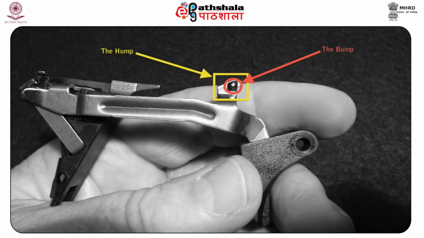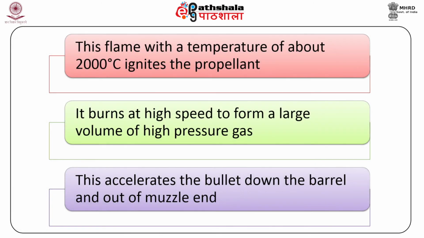First is ignition. When the firing pin strikes, the priming compound explodes with great velocity, causing a jet of flame of extremely high temperature to pass through the flash hole into the propellant chamber.